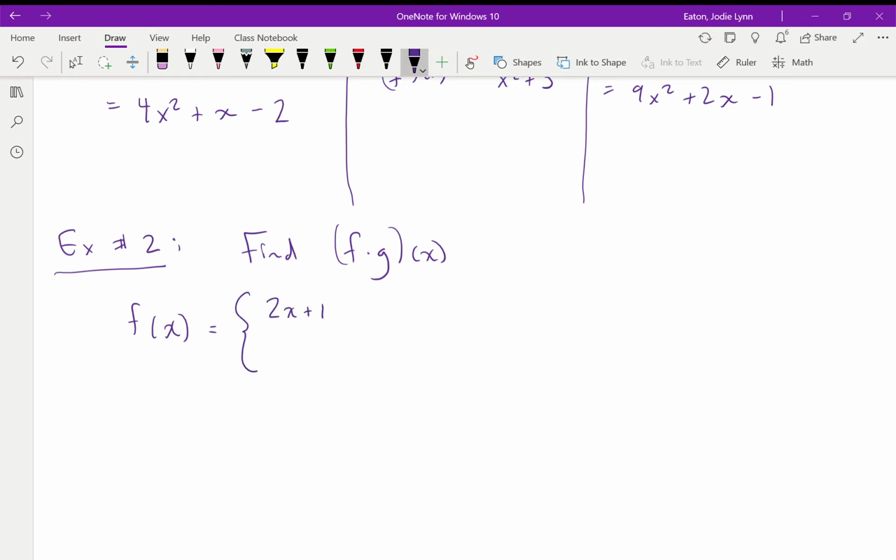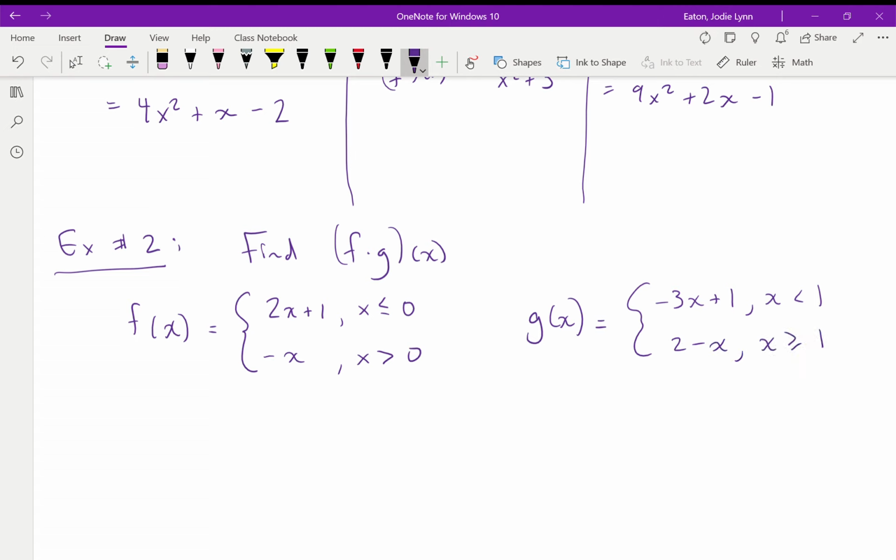So we have 2x plus 1 for x's that are less than or equal to 0, and negative x for x greater than 0. That's our f of x. And our g of x will be defined as negative 3x plus 1 for x less than 1, and 2 minus x for x greater than or equal to 1.